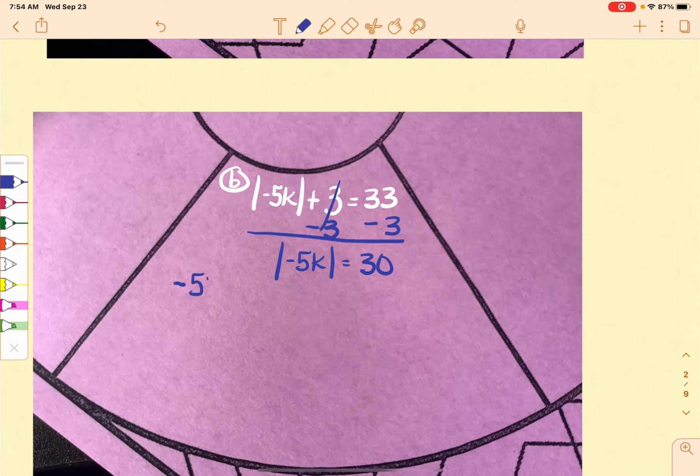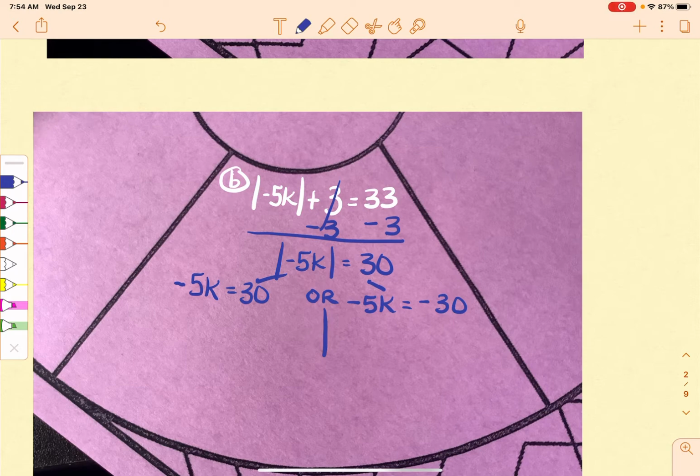The first one is going to be negative 5k equals 30. All I'm doing is rewriting this just without the absolute value bars. I'm going to add "or." For the second branch, it's still negative 5k, but this 30 is going to become negative 30.